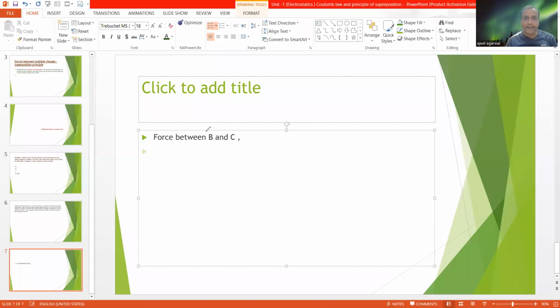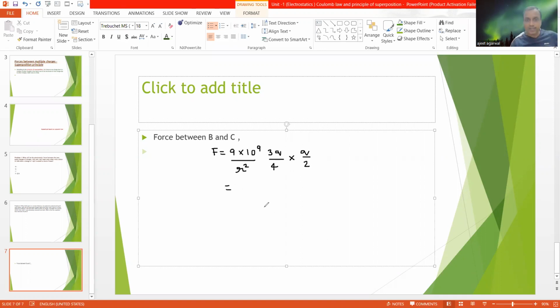So the force acting between B and C will be F equals 9 multiplied by 10 raised to the power 9, charge on C is 3Q by 4 multiplied by charge on B was Q by 2, upon distance between them was R square.